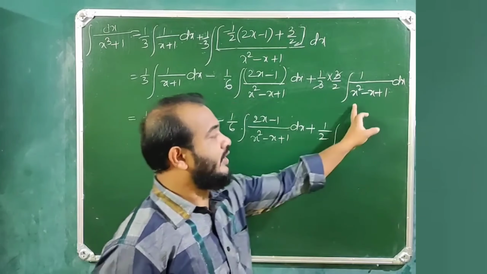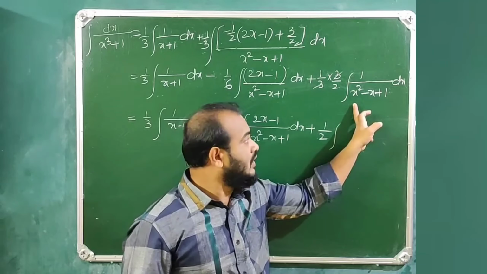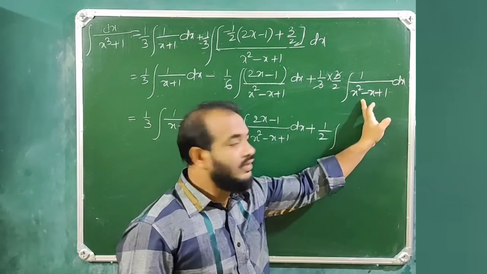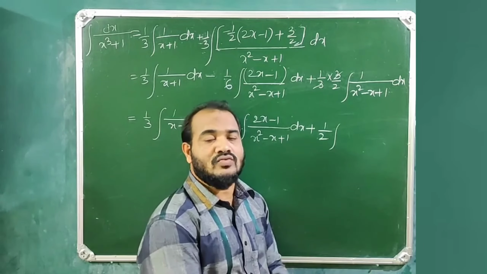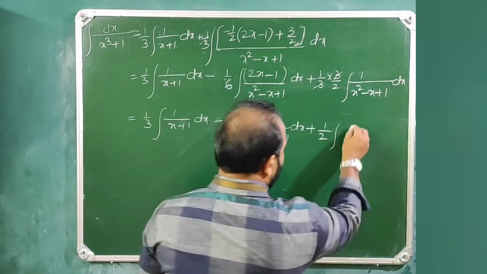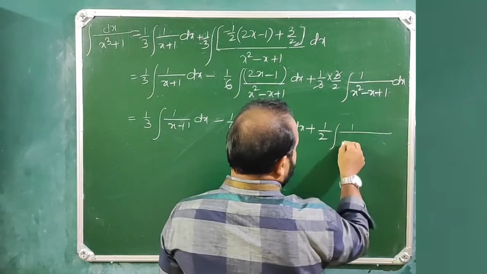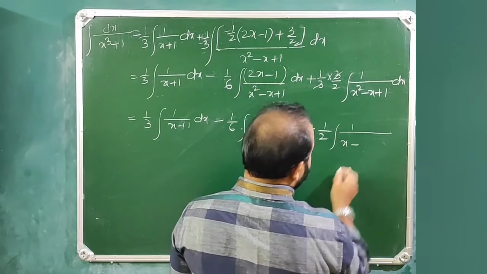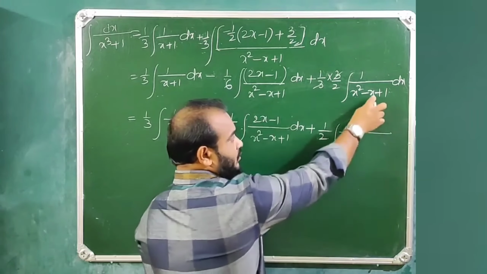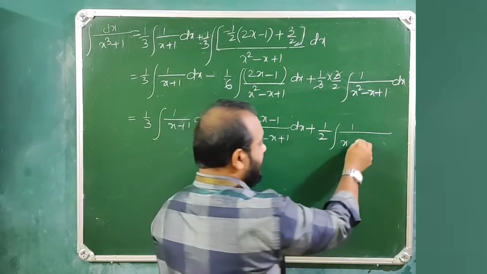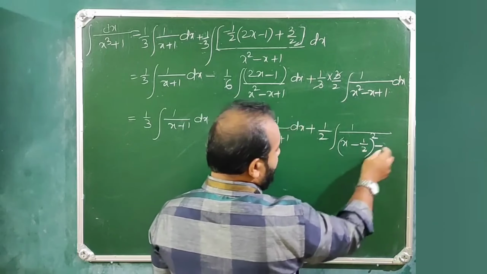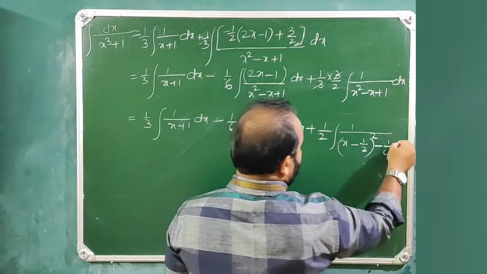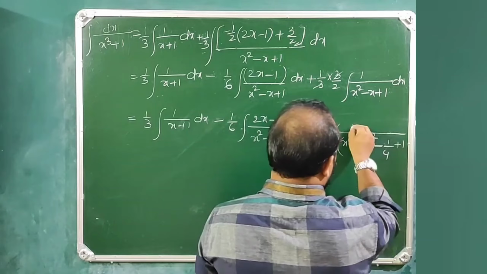So this is a pure quadratic expression and we know how to deal with it. So the completion of square method, x minus a whole square or x plus a whole square. So x square minus x: the x coefficient is 1, half of that is 1 by 2, complete the square, minus 1 by 2 whole square is 1 by 4, plus 1 as usual. So this is dx.